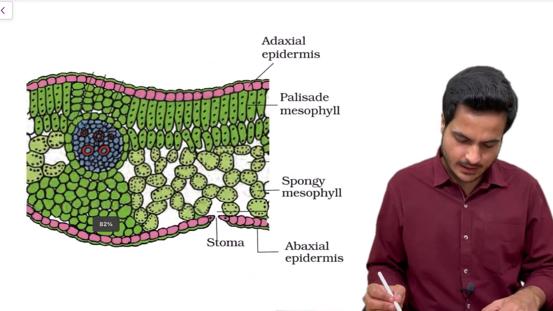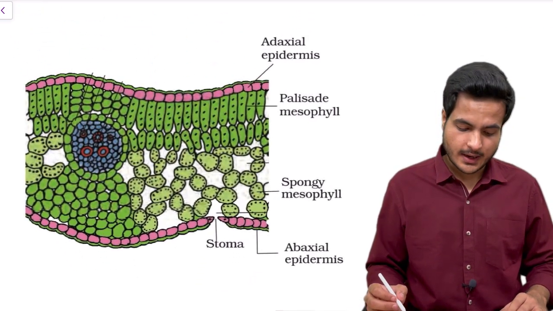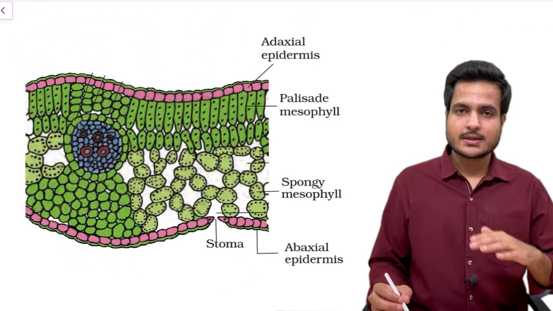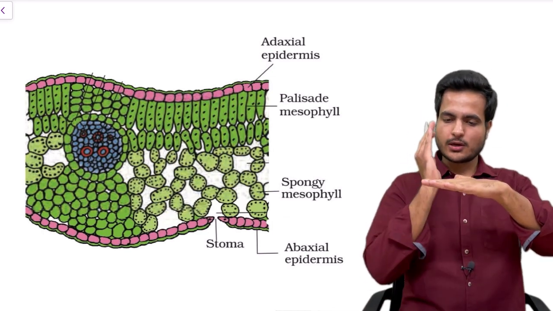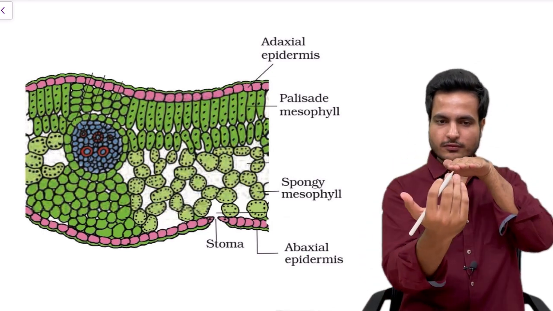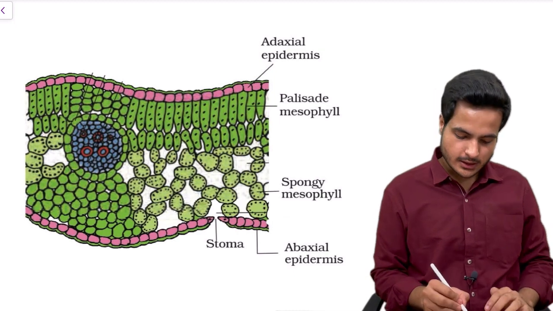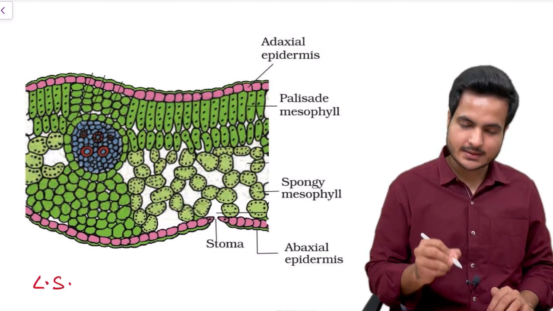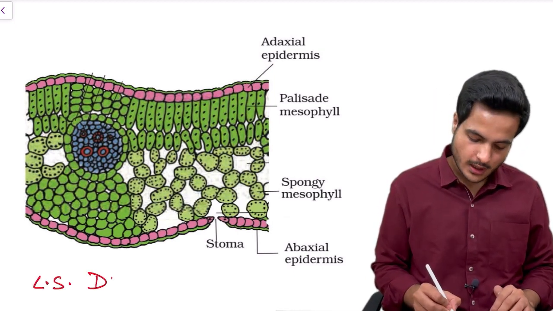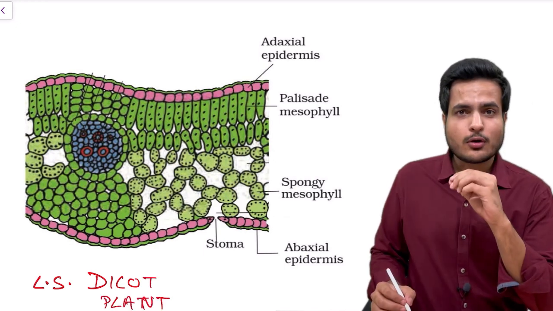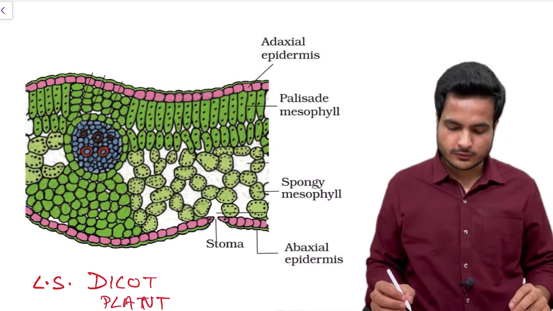Now this diagram is from NCERT itself, and here I want to draw your attention that if we have a leaf and we cut it longitudinally, and you see it from the front, you will be seeing the longitudinal section, and this leaf belongs to a dicot plant. Dicot plants have two types of mesophyll cells.